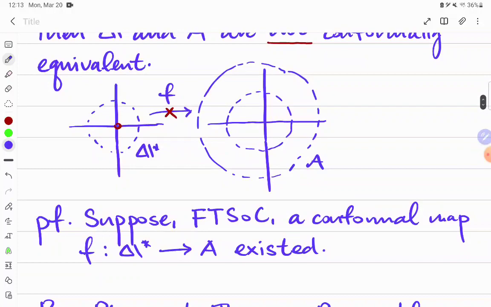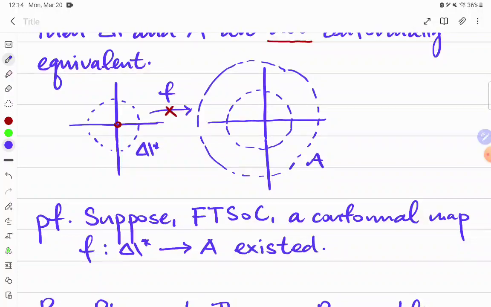Well, our first idea is we have this function that is defined on this punctured region. Is there any way for us to extend it so that it's holomorphic on the whole disk? And the answer is yes. This is due to a theorem of Riemann called Riemann's theorem on removable singularities.